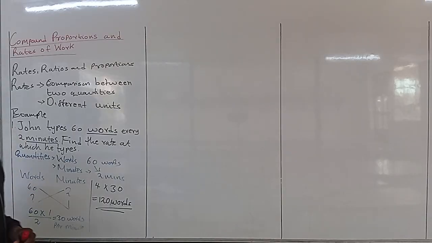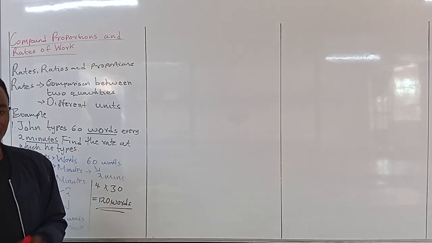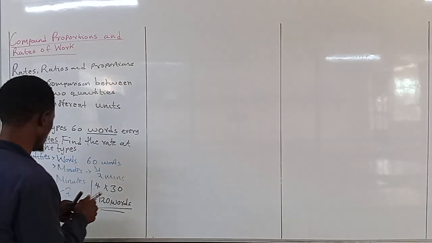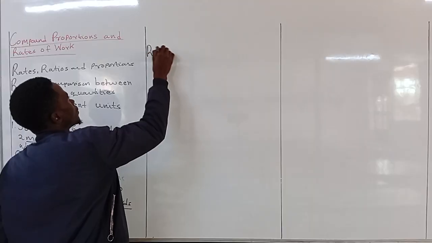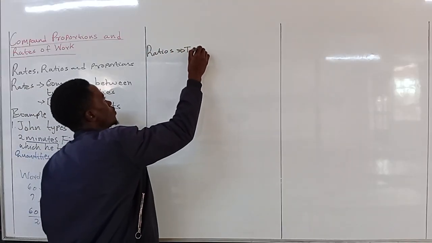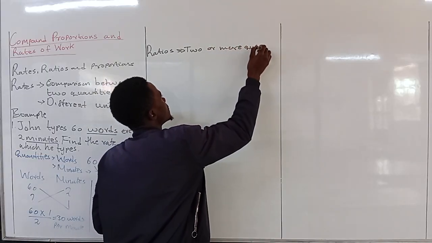So when we talk about ratios, you are comparing quantities that are of the same units. You can compare 2 or more quantities. So for the ratios, we are comparing 2 or more quantities.